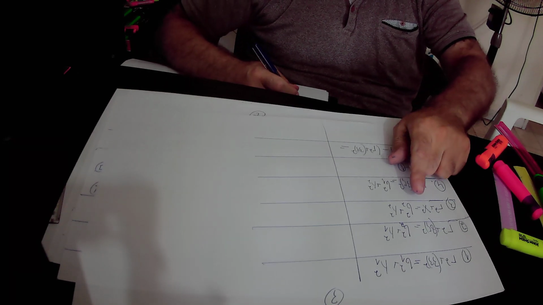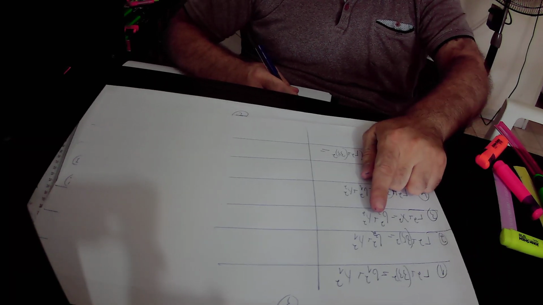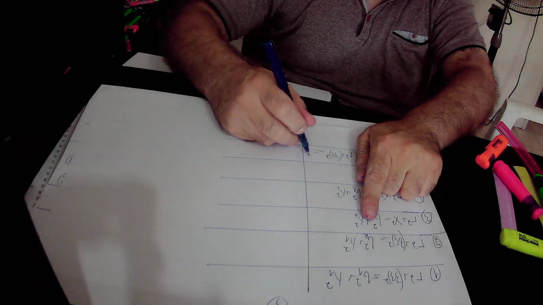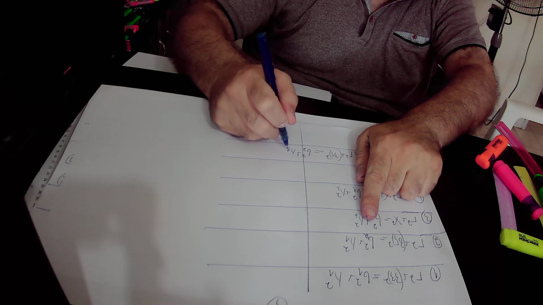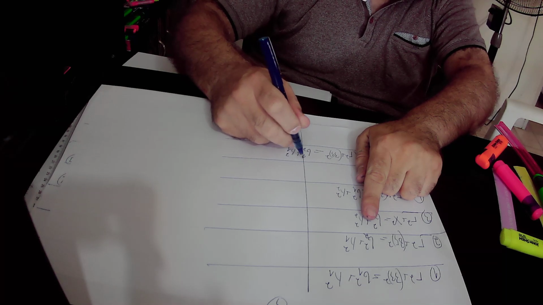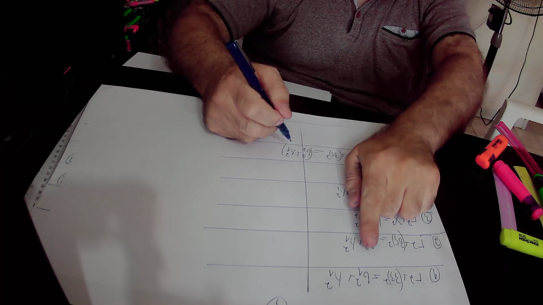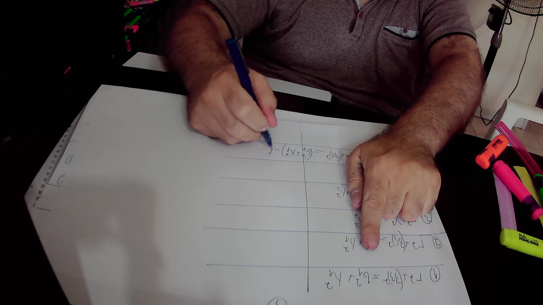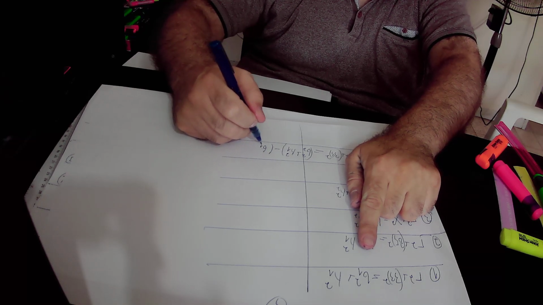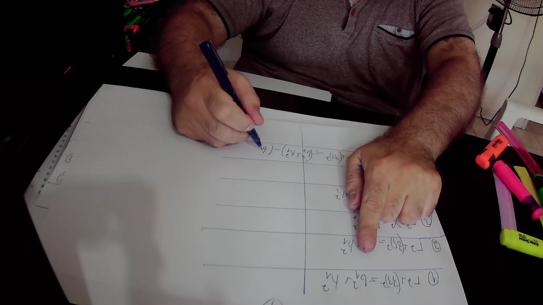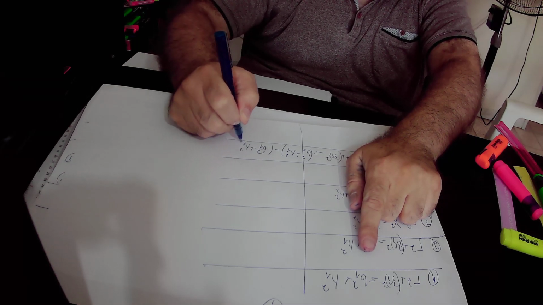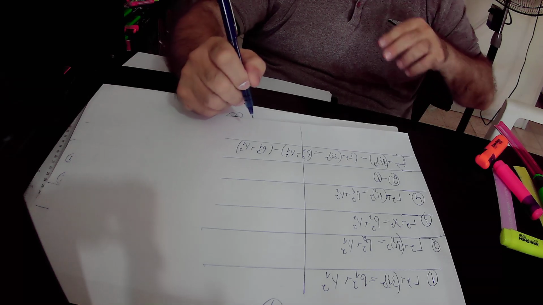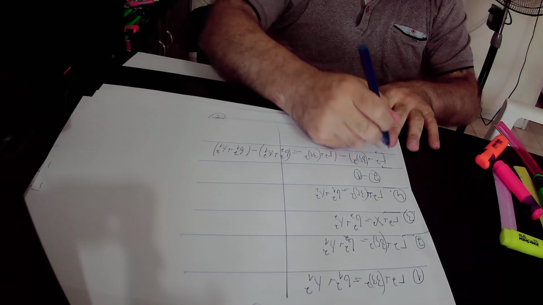So we have in the other side of equation number 2 b2 squared plus h1 squared minus equation number 1 we have here minus b1 squared plus h1 squared. So this will be equation number 5.